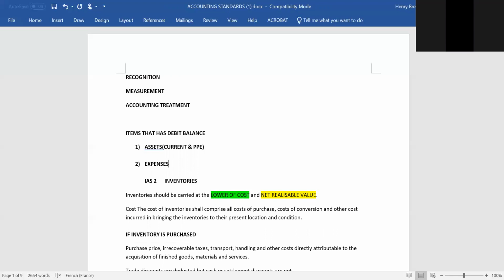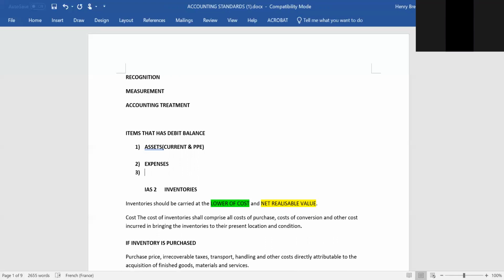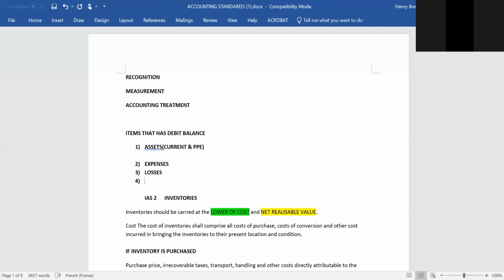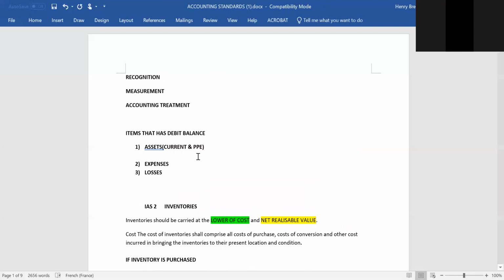Expenses also have what? Debit balance. We can talk about losses. Losses have debit balance. We've talked about expenses, we've talked about losses. I think this categorization will cover all other elements. So assets have debit balance, expenses have debit balance, losses have what? Debit balance.